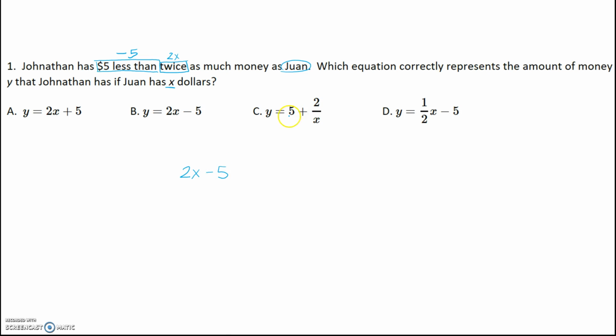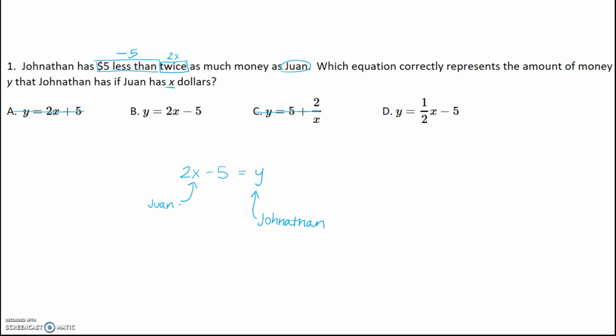So I know I can eliminate this, it has a positive 5, and so does this. So I'm down to B and D. So $5 less than twice as much, and we're saying that Y is Jonathan and X is Juan.